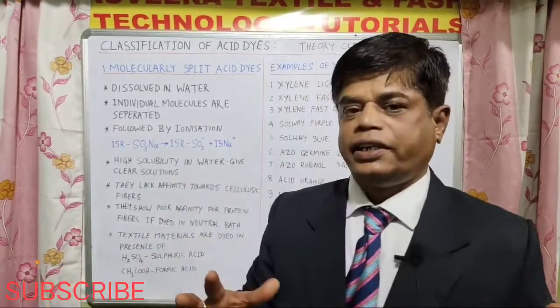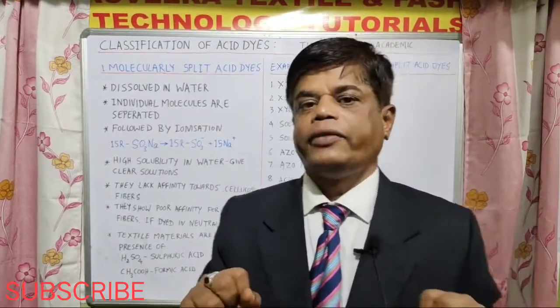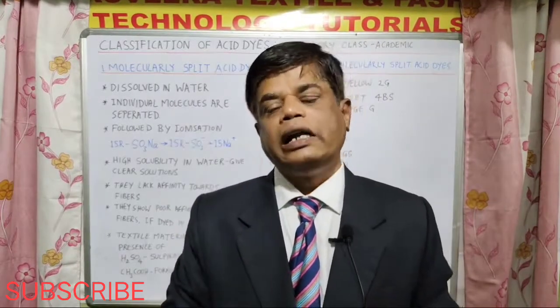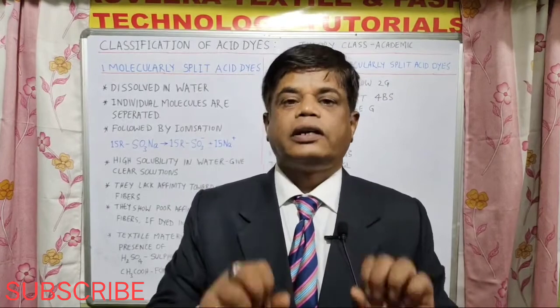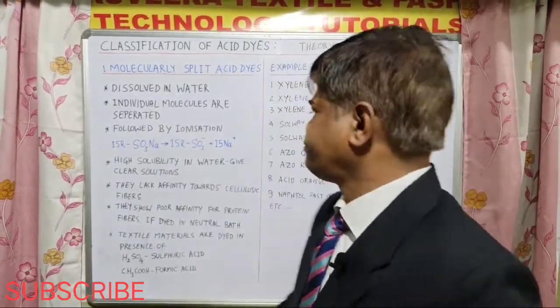If the solution is clear, there is 100% absorption of the dye. It helps the fibers absorb the dye particles evenly from the clear solution, so there is no chance of dyeing defects.